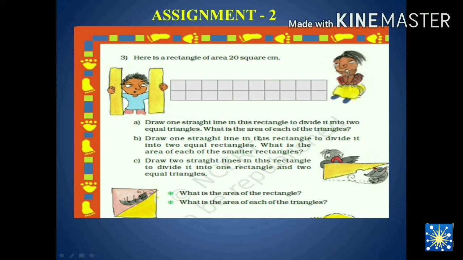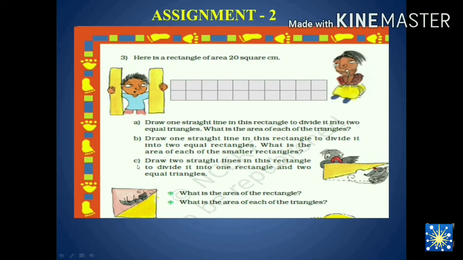What is the area of each of the triangles? Next part is draw one straight line in this rectangle to divide it into two equal rectangles. What is the area of each of the smaller rectangles?